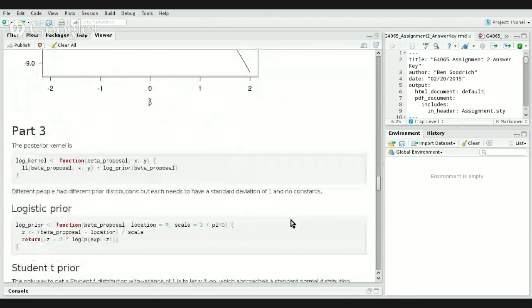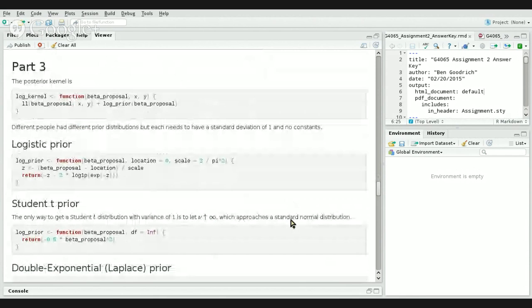And then the kernel of the posterior distribution can be written as the sum of the log likelihood and the kernel of the prior in logarithm form. It's important to remember that although you're summing over n observations in the log likelihood and dropping the constants if there were any, the prior only enters the posterior once.